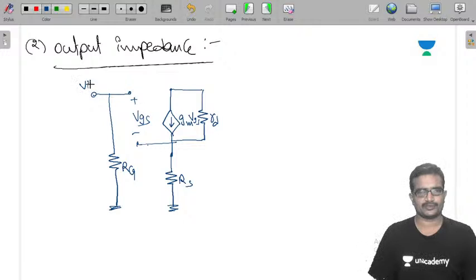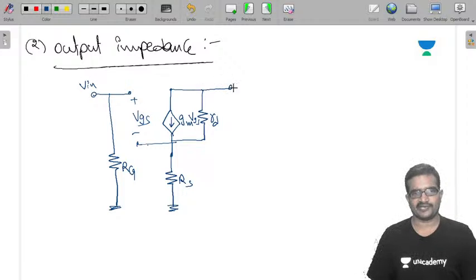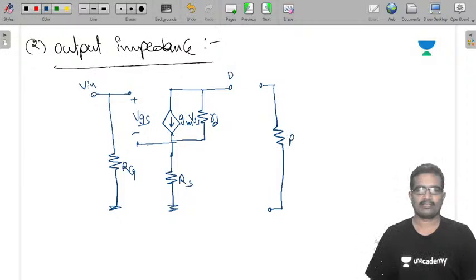This is V input. Here it is the drain. Now whatever the load, capital RD, the external RD, I am disconnecting that. This is your ID. This is VDN.